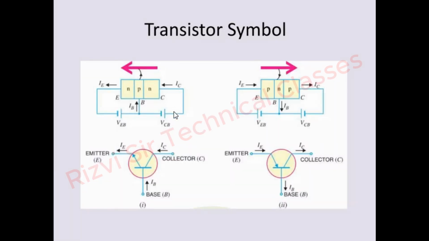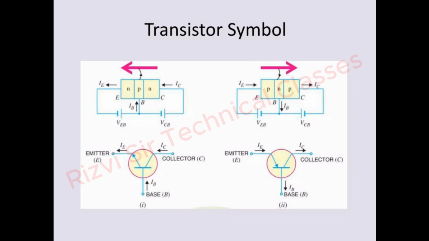Here you can see the symbol. This is the emitter, collector, and base. Here you can see, here is electron, here is a hole. Once we apply the voltage here, it will push the electrons and they will recombine with the holes, and just a few electrons and holes will recombine, while the others will be pushed and attracted onward.